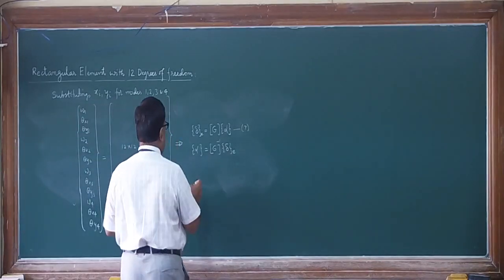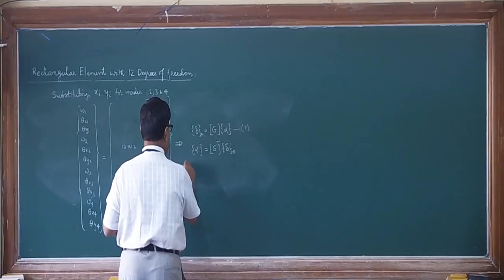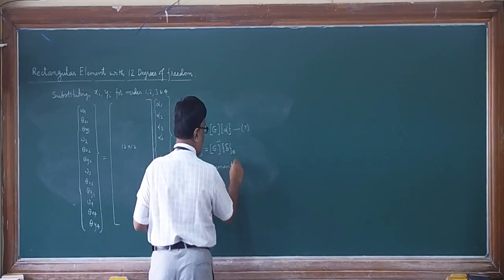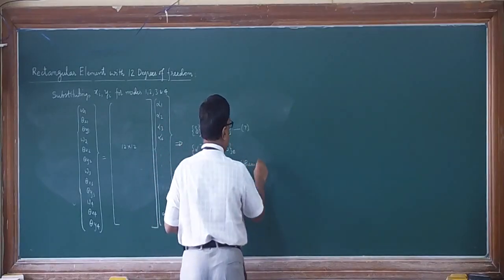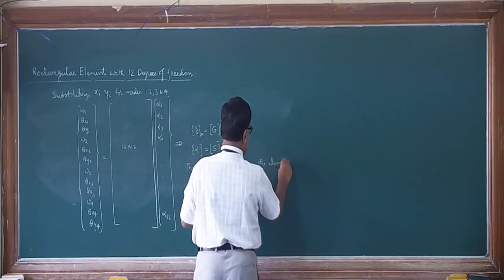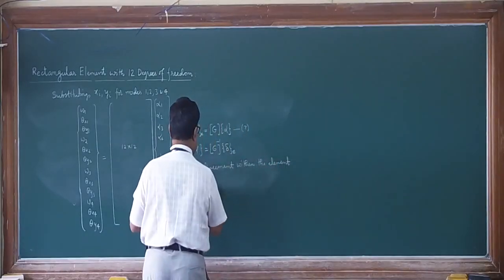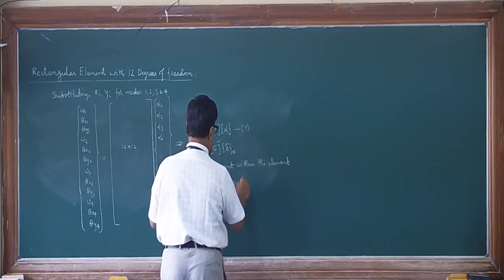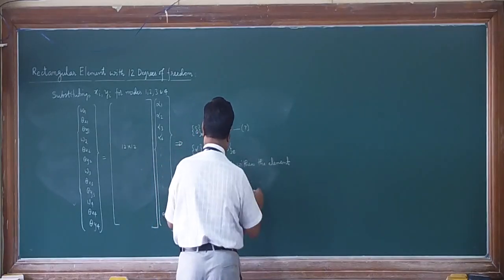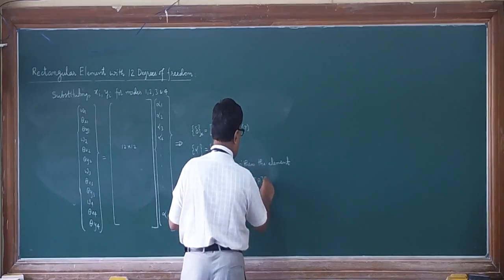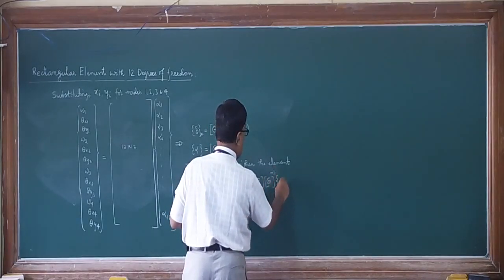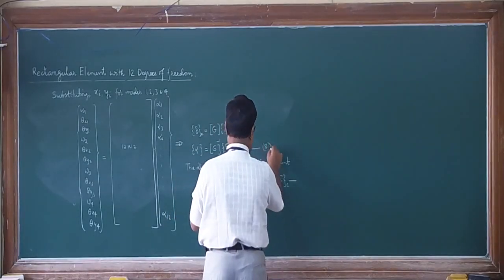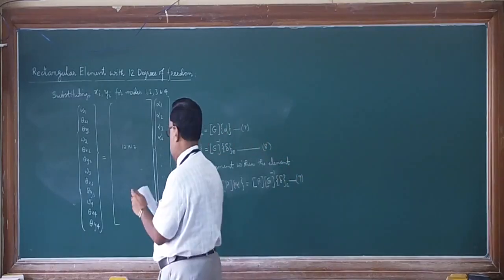Now the displacement within the element, the displacement W within the element, can be expressed as W equal to P alpha, and as such alpha itself is known, P G inverse of delta E. You can call this equation number 8, and this equation number 9.